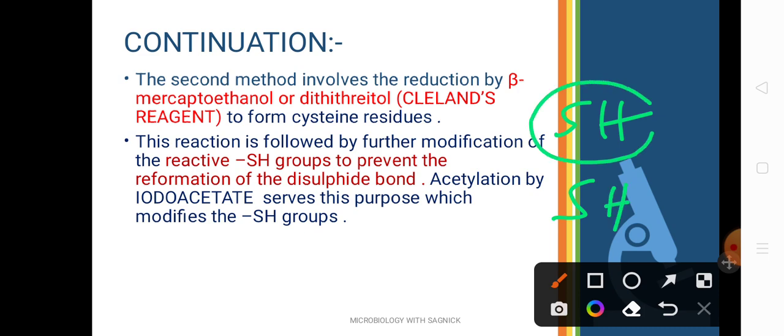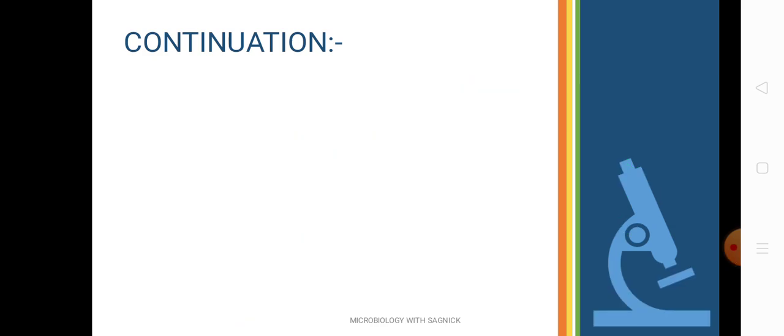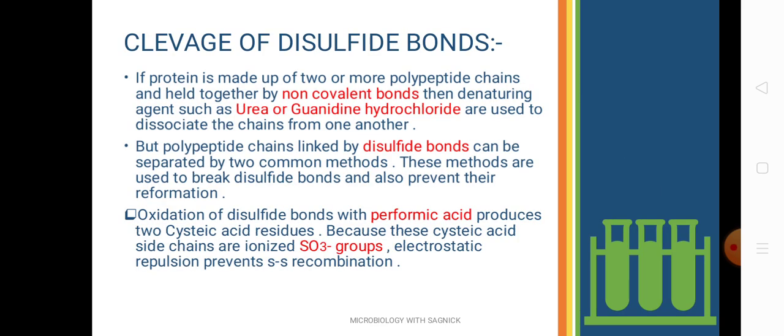This SH side chain can be regenerated into a disulfide bond. So for protecting this, we perform acetylation by iodoacetate so that the SH group cannot be regenerated into a disulfide bond. So that is the idea of how we can break a protein's non-covalent bonds as well as disulfide bonds.